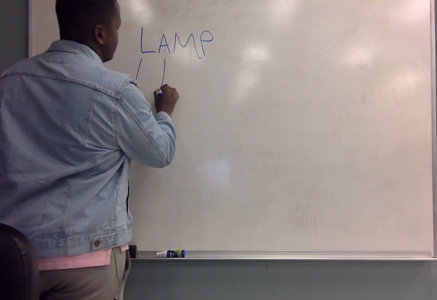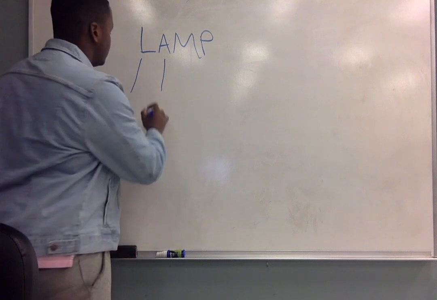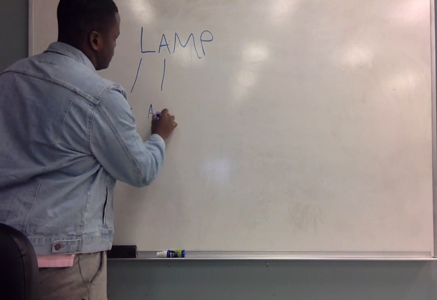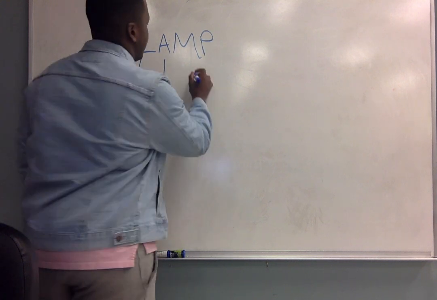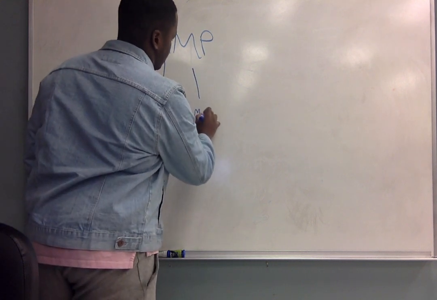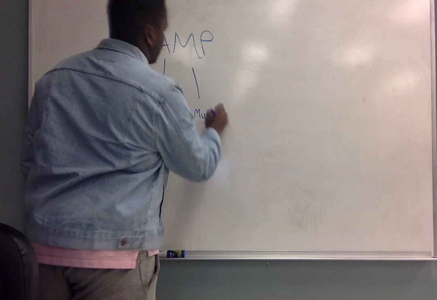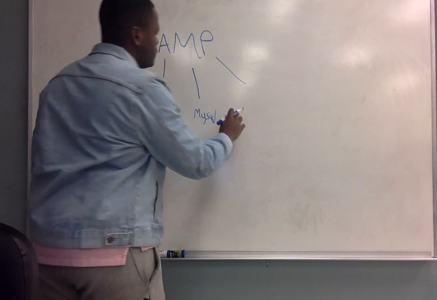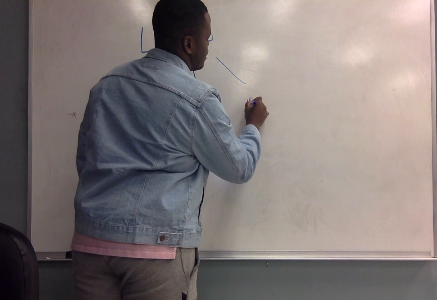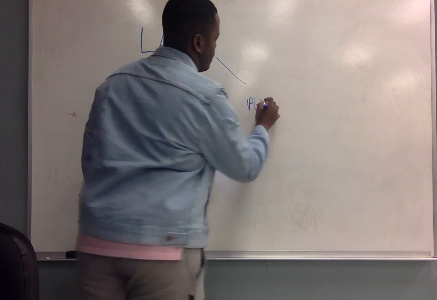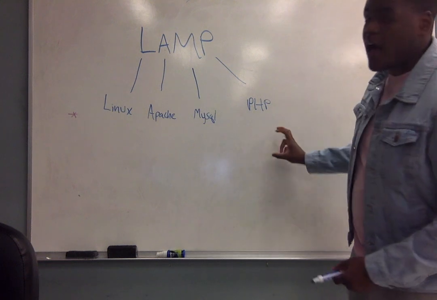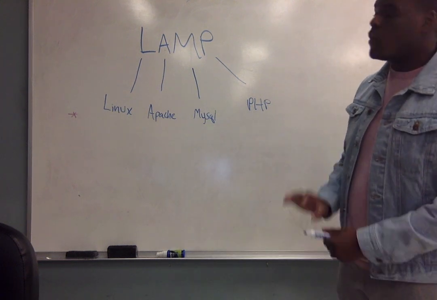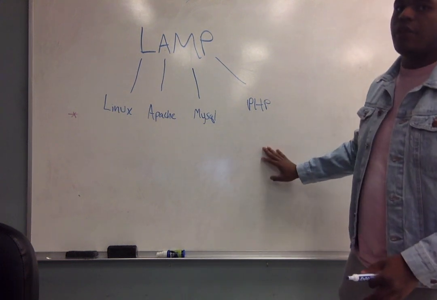The A stands for Apache. The M stands for MySQL, and the P stands for PHP. These are all technologies on the web server. We'll go through each of them individually.